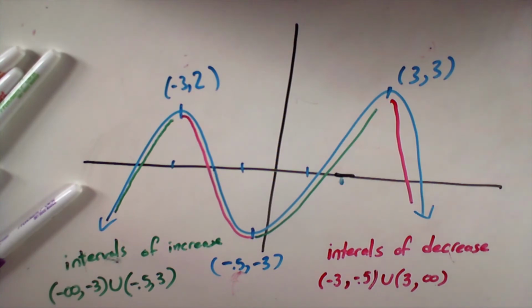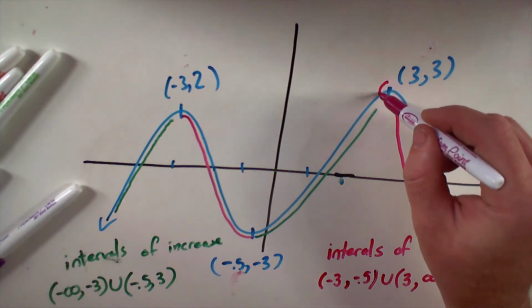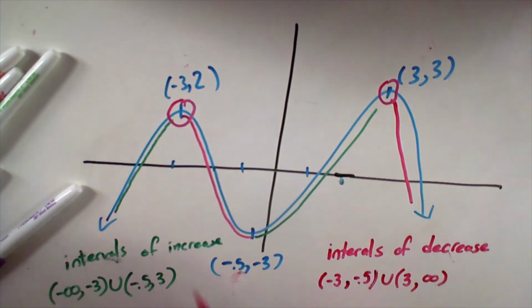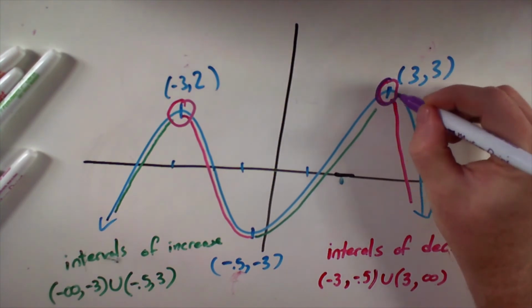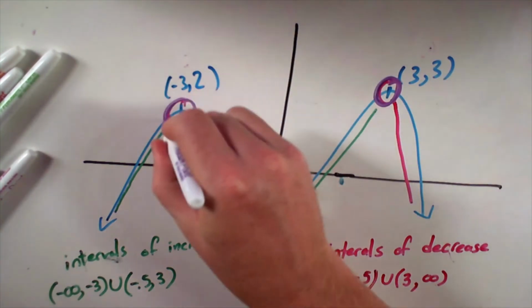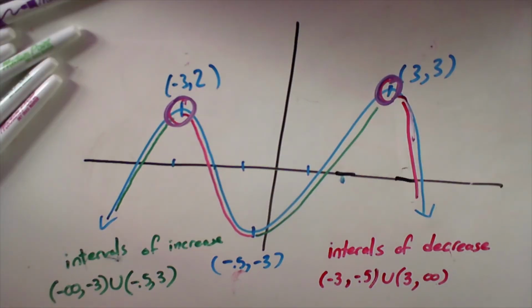So in this case, we see that we have 2 peaks, and we are not going on forever up. Let me actually do that in purple, since I already used the other color. All right, we have 2 peaks. And so the 2 purple circles are the possible maximums.